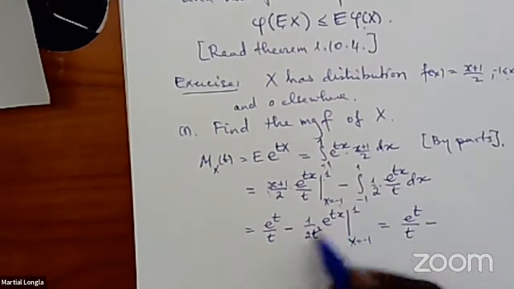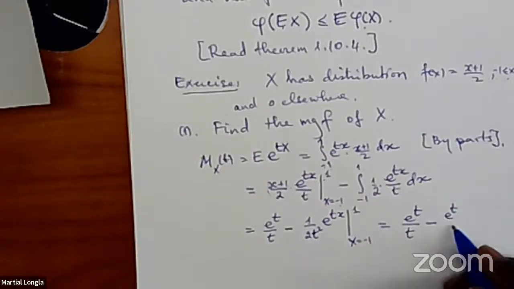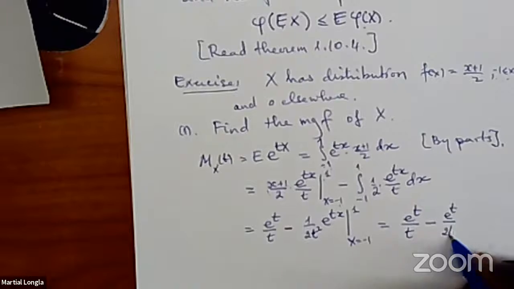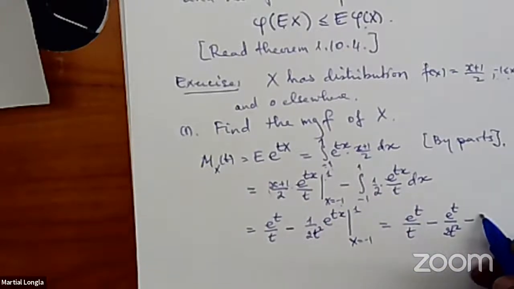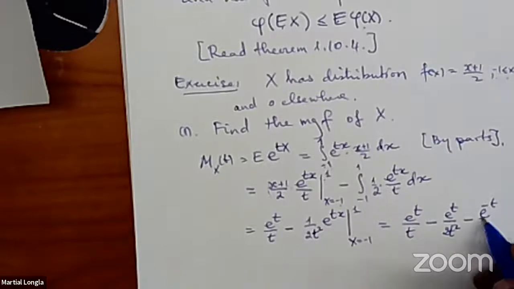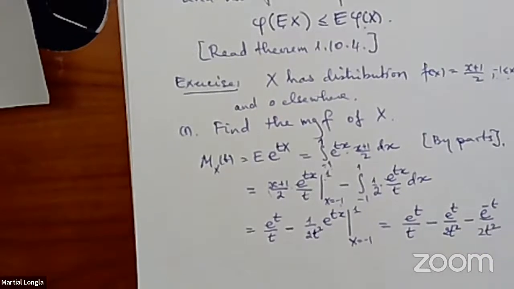Then you plug in x equal 1, you get e to the t over 2t squared. Minus, when you plug in minus 1, e to minus t over t squared. So that minus minus becomes plus. So that's what the moment generating function would be.